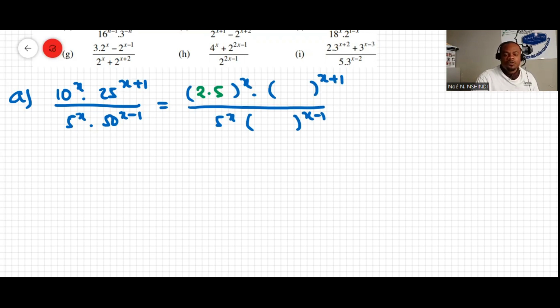So 10 can be written as 2 times 5. 25 is 5 to the power of 2. And 5 is already a prime number at the denominator here, so I'll leave it like that. And then 50 will be 2 times 5 squared.